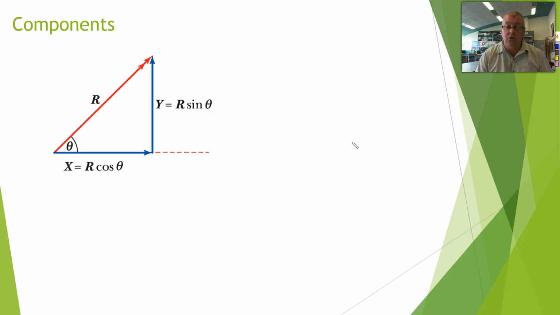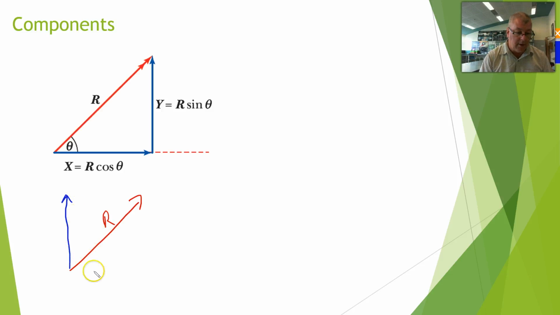Now, what do we mean by that? Let's go red, actually. If we drew this vector here, let's say that's R. That could be a force, for example. We should recognize that that force is made up of two components, one going that way and one going that way.